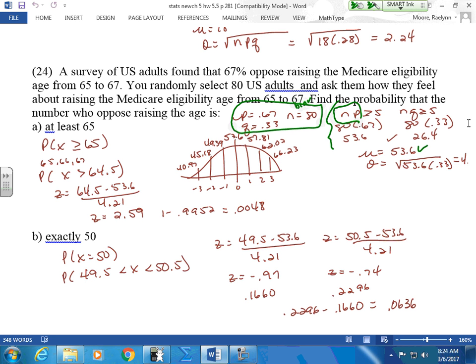Now, one thing that's good to do with this, if you just headed to the z-score formula and you said, okay, pull out my z-score, you get to this problem and you say, wait, what is the mean? What is the standard deviation? The only time we don't have a mean and standard deviation is this binomial one, where we have to find the mean ourselves.